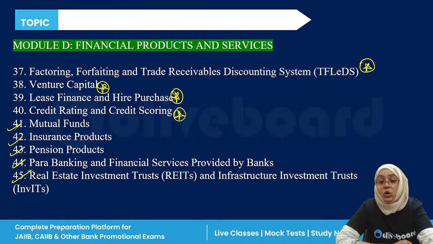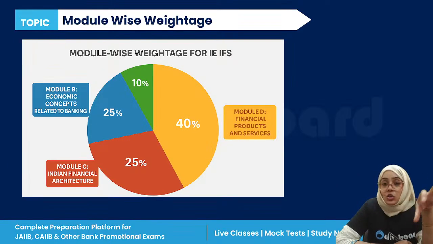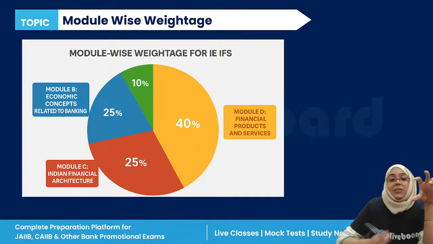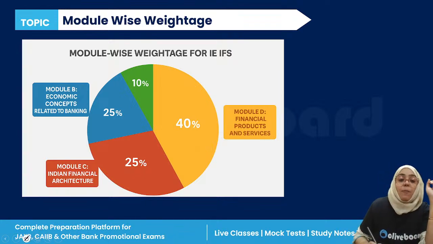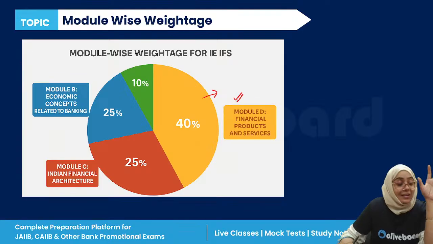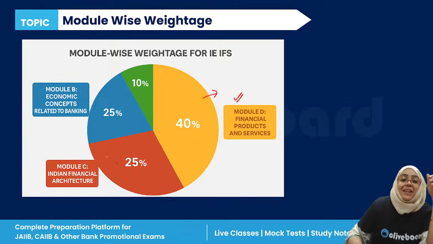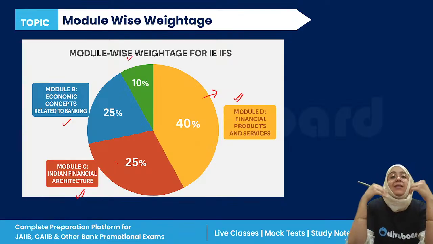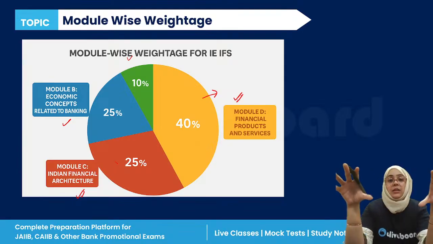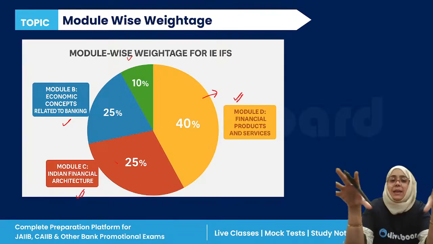If we talk about the module-wise weightage of IEIFS, 40% of the syllabus comes from Module D. So 40% of your paper comes from Module D because it is the lengthiest. Most of the questions were asked from this module. Then Modules B and C are approximately at the same level. Modules A, B and C are equivalent and equally important.